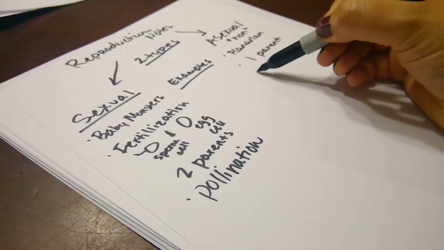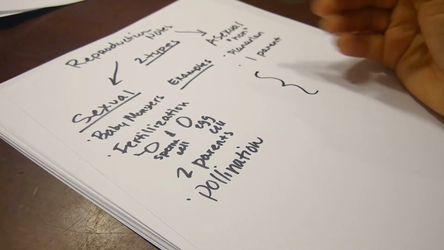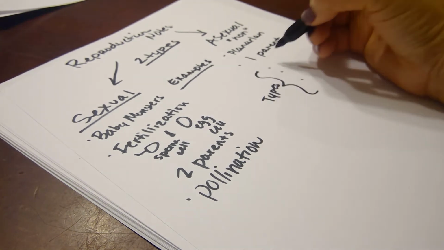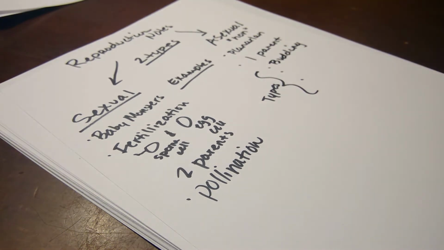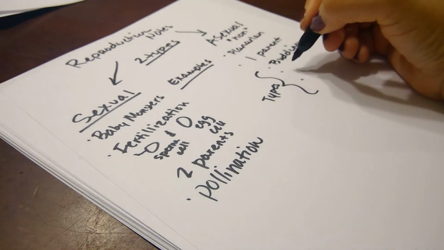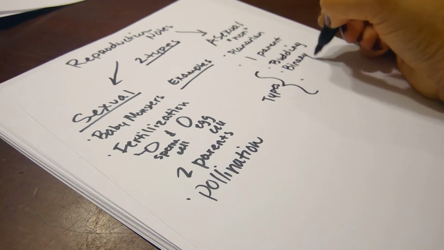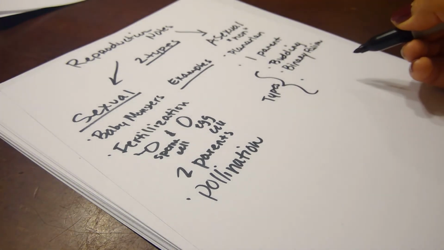Right, so I'm not going to go through all the different types of non-sexual reproduction, but just to get your mind flowing, here are a few examples. Budding was a type of non-sexual reproduction. You also had binary fission, or just fission, and that's how bacteria reproduces.